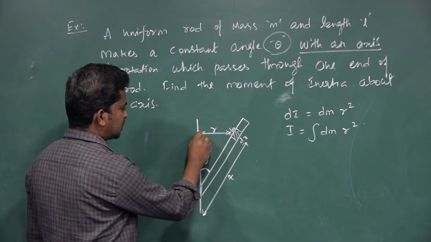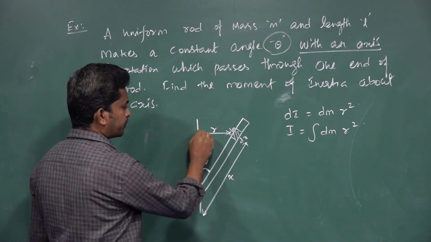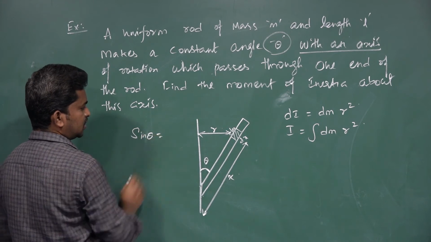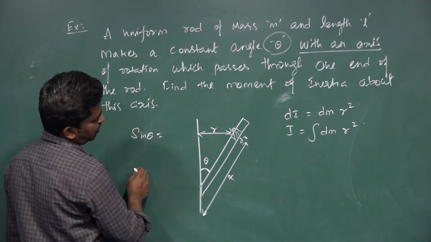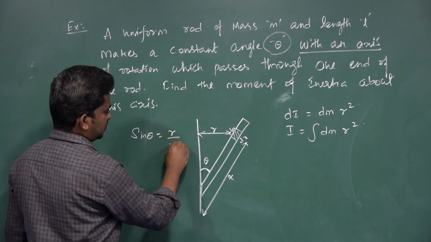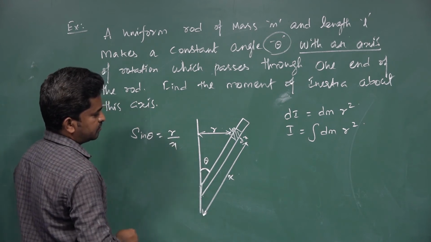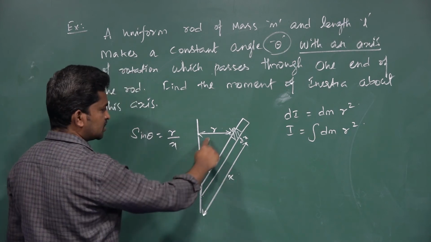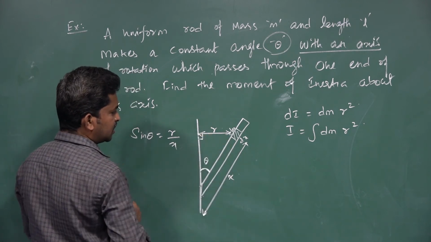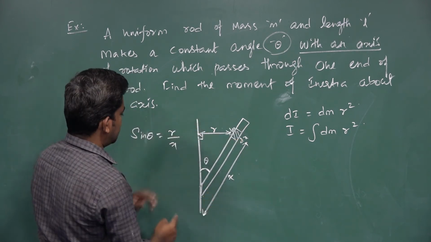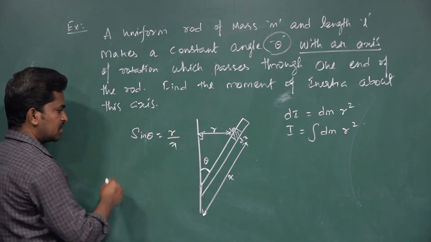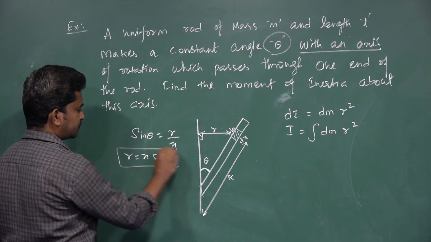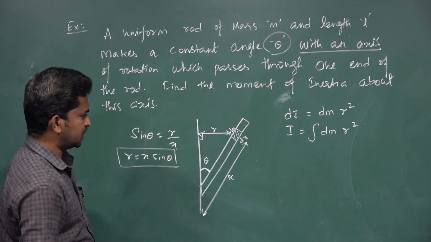Take this triangle: sin theta is equal to opposite side divided by hypotenuse. This is the opposite side, this angle is 90 degrees, and this is x. So sin theta is equal to r by x, and r is equal to x sin theta.